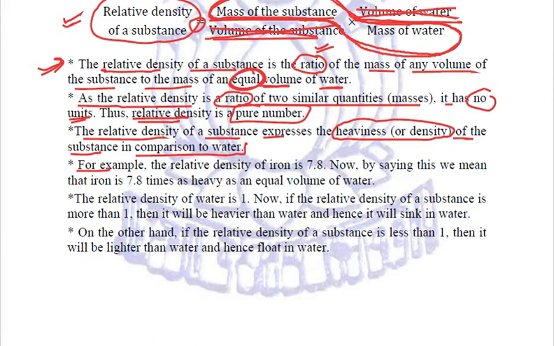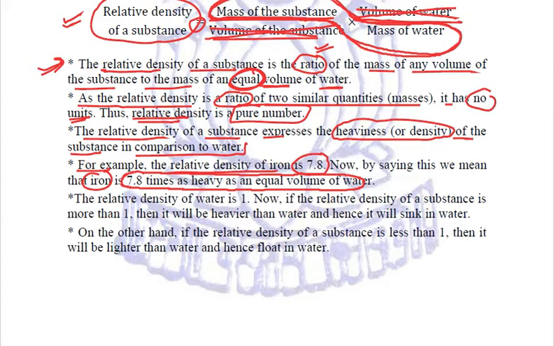For example, if we say that the relative density of iron is 7.8, we actually mean that iron is 7.8 times as heavy as an equal volume of water. Got it?